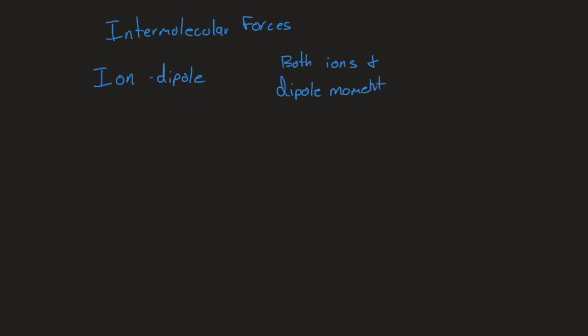An example of this might be a situation where you've got a sodium ion, which is positively charged, interacting with acetone. Acetone has a carbon-oxygen double bond, and that carbon is connected to two other carbons that are both CH3s.